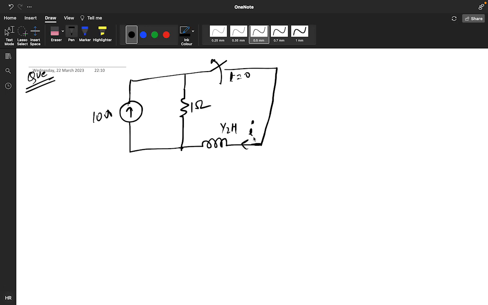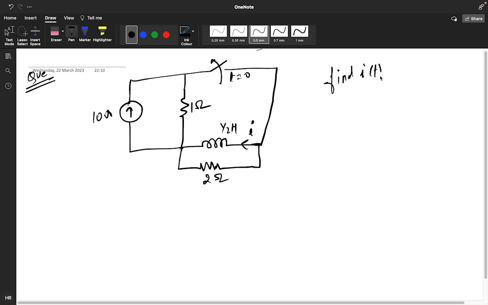This is the I value. You need to find the value of I of t for t greater than 0. Find I of t for t greater than 0.